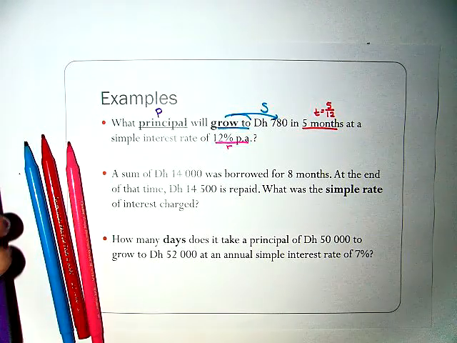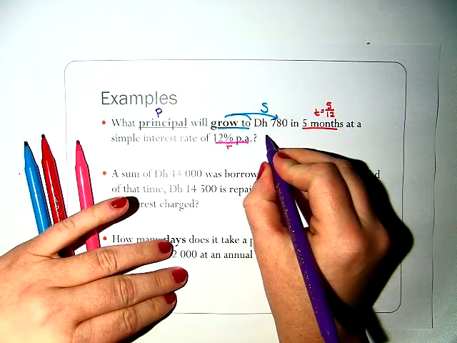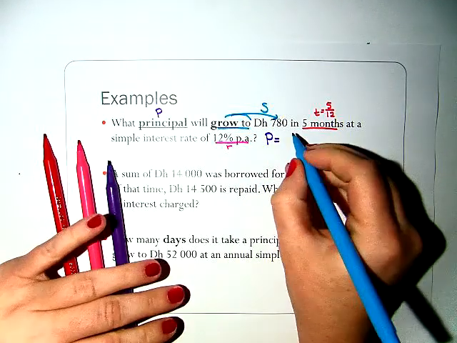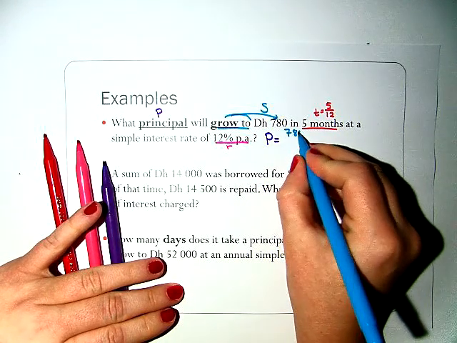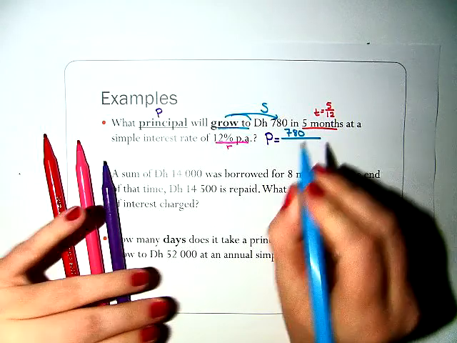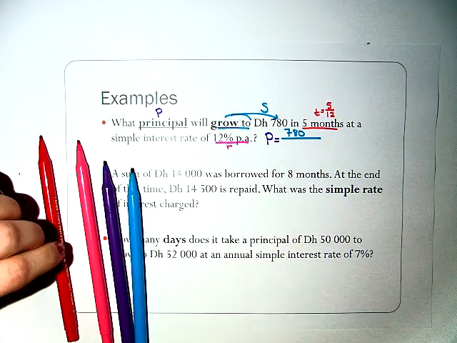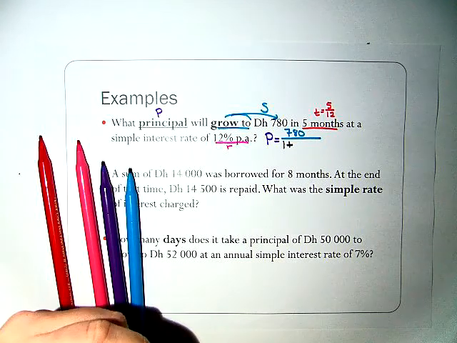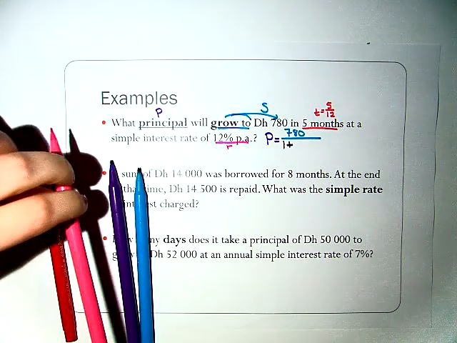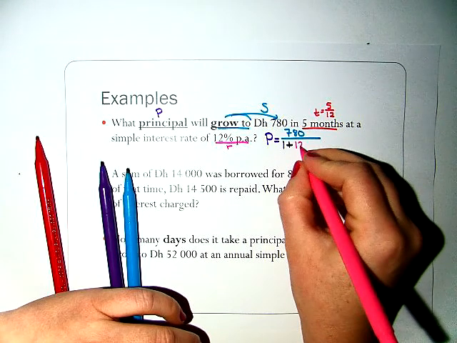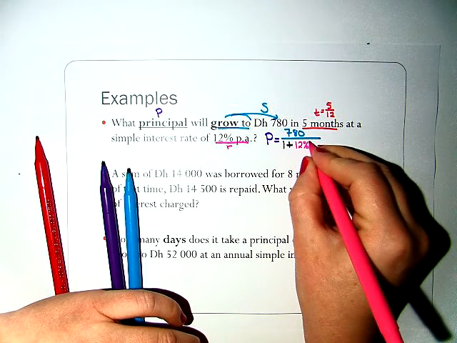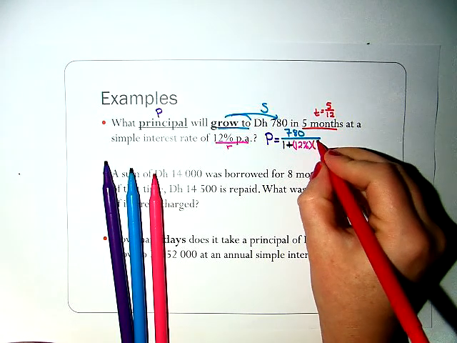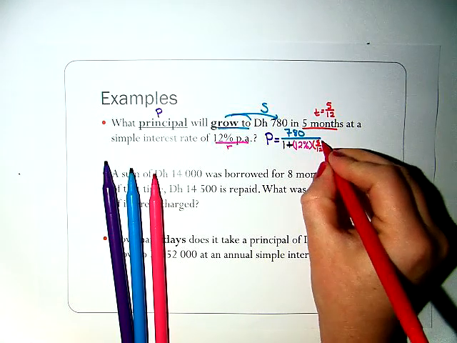So we're looking for P. The formula that we know for P is P equals our S, 780, divided by 1 plus our rate, 12%, multiplied by our time, which is 5 over 12.